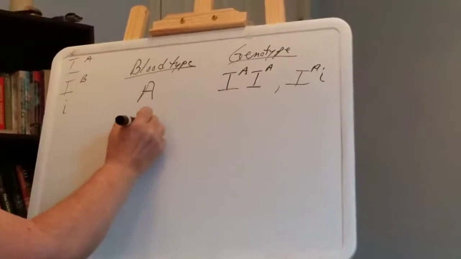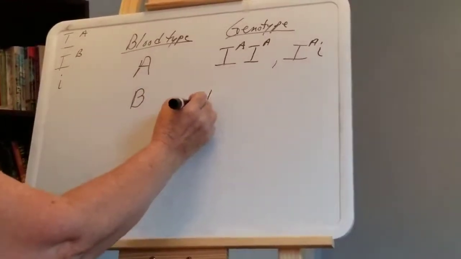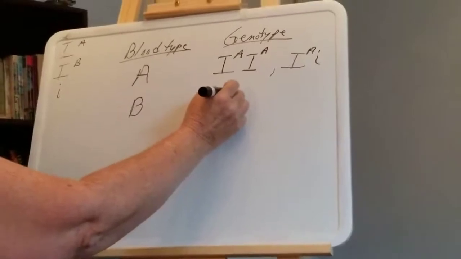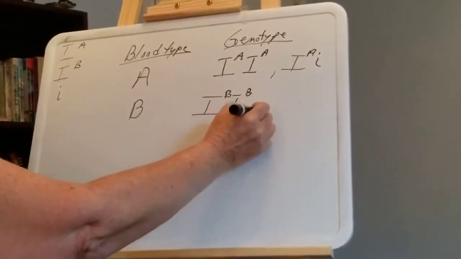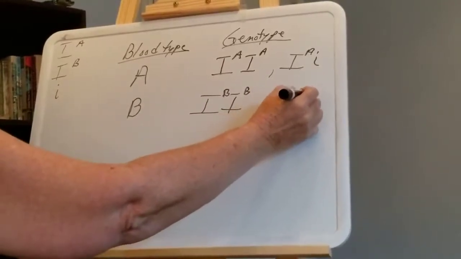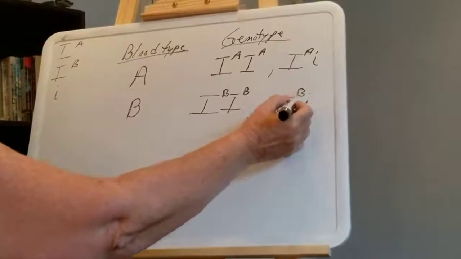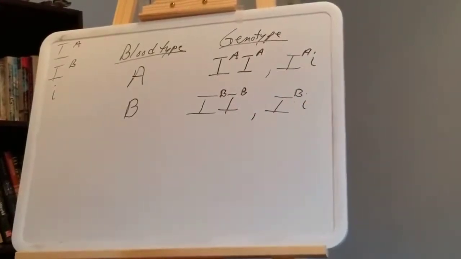If you are type B blood, you can be homozygous dominant, meaning the two genes are identical, or you could be heterozygous, meaning the two genes are different, but to have type B blood, you have to have the dominant and the recessive.